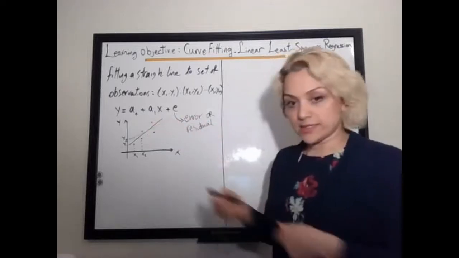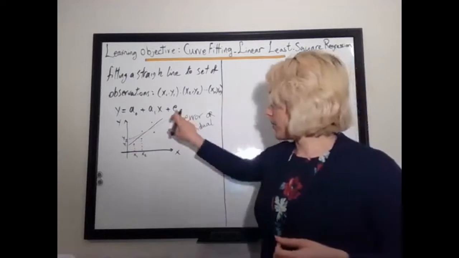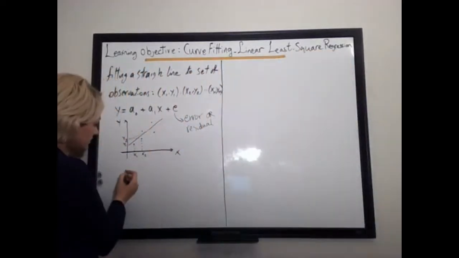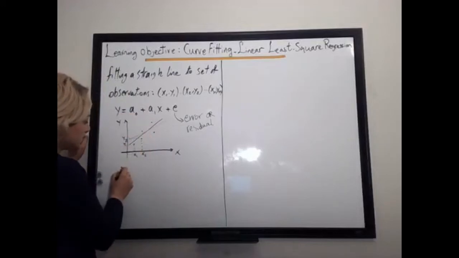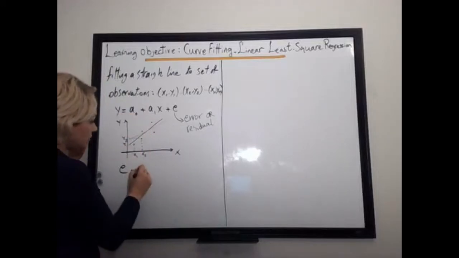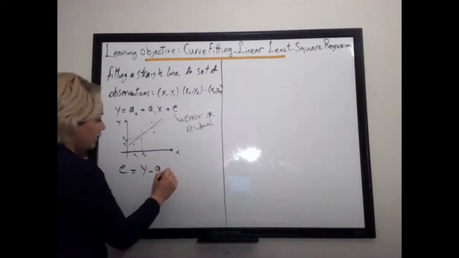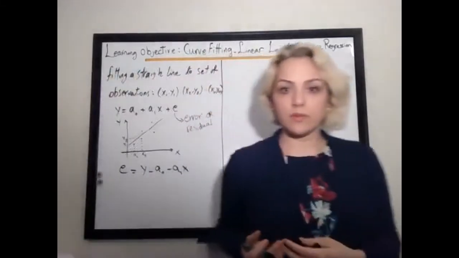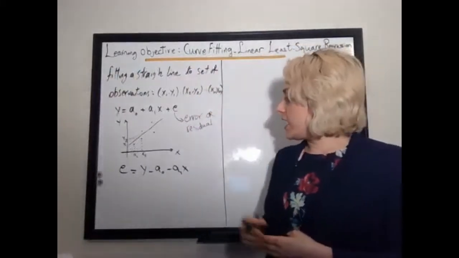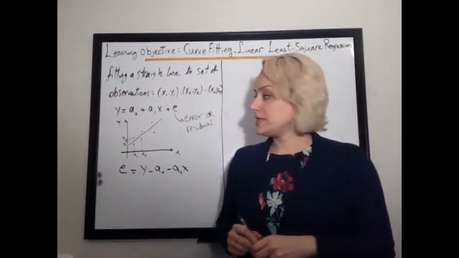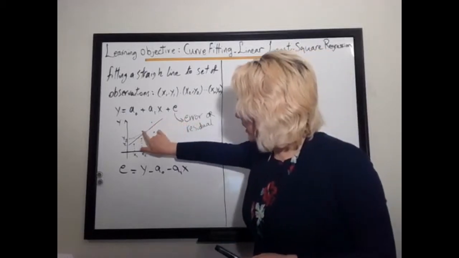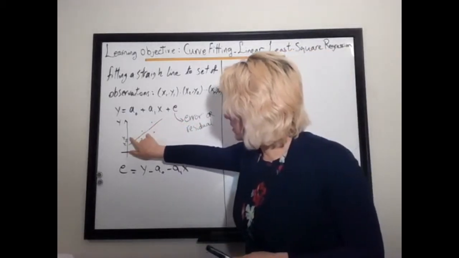So I'm going to write down this e to see how it would be from this equation. e is going to be equal to y minus a0 minus a1 x. So that's going to be my e. I'm going to keep the main line that we had while we are working on it.